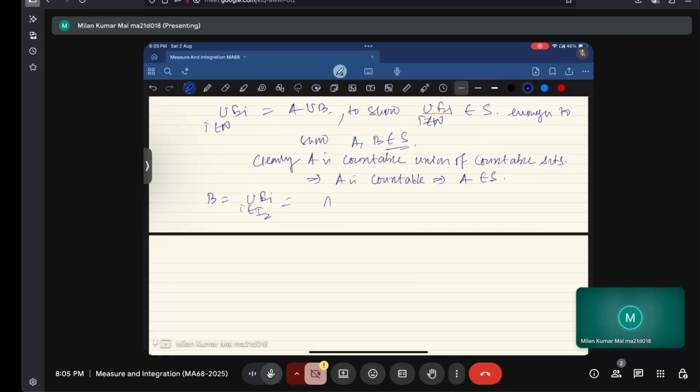that can be written as the intersection of Ei complementary, i belongs to I2, its complement, right? We can write.